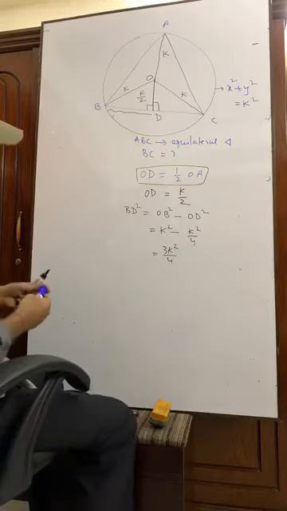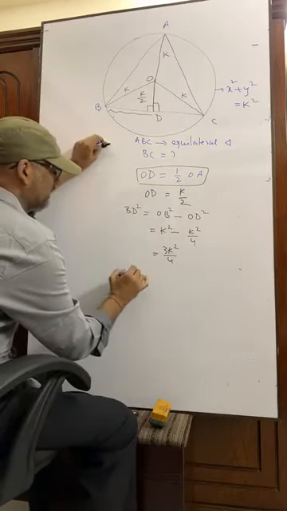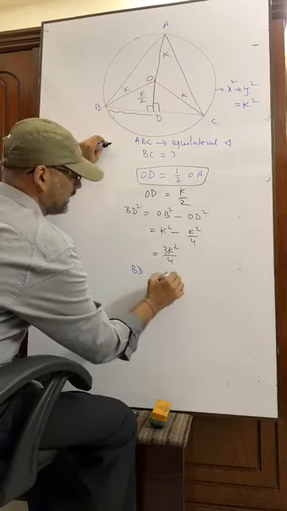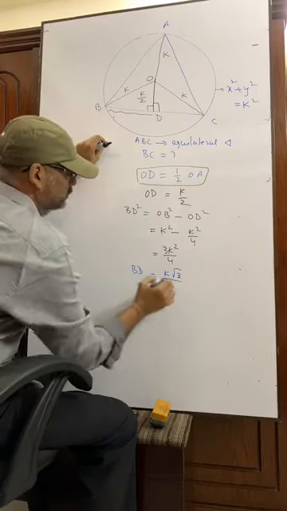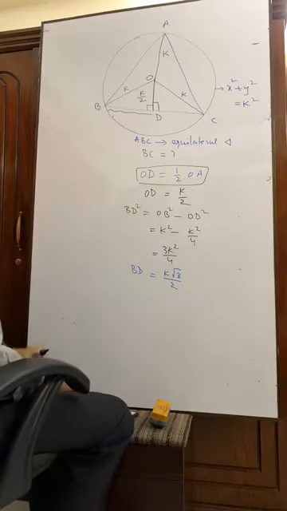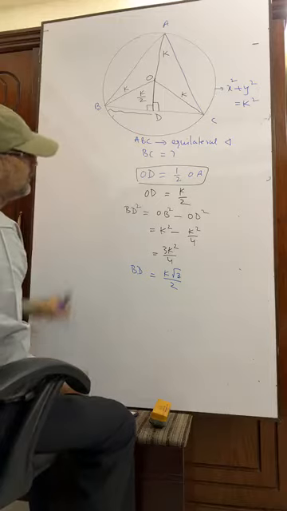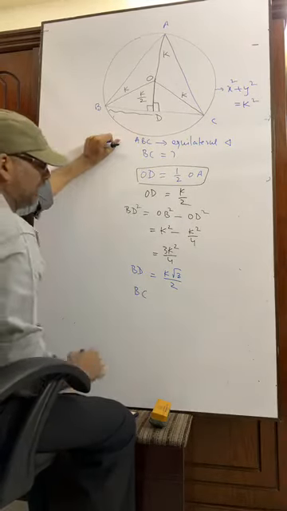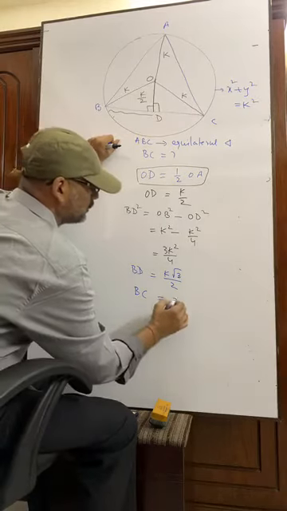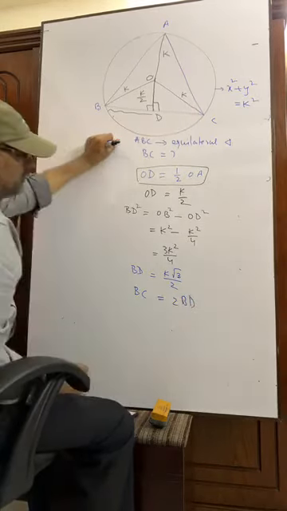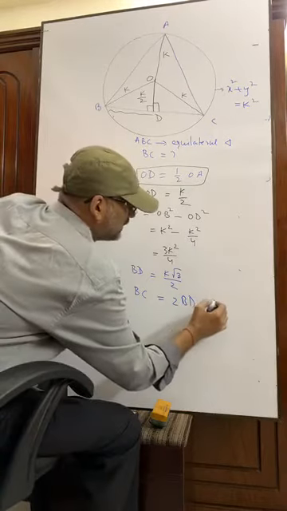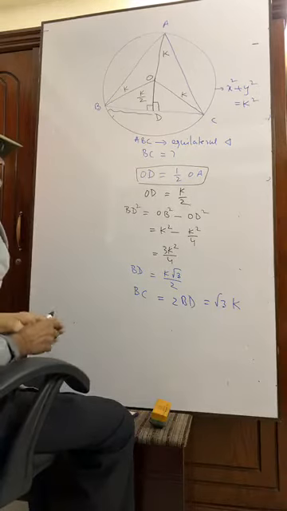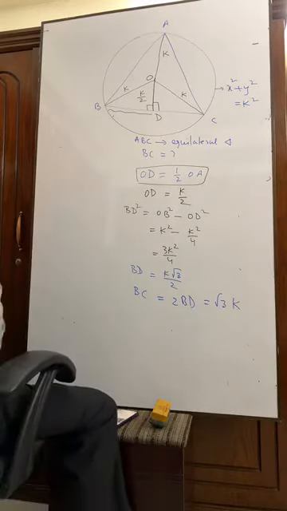So we are getting BD equals to K√3/2. So we have to find the length of equal side. So BC equals to twice BD. So 2 will be omitted. So our answer is √3K. Please try to understand.